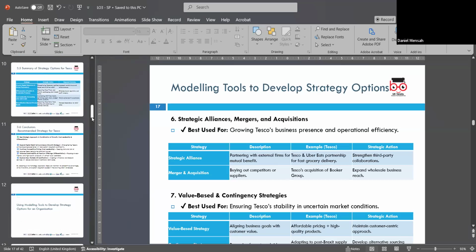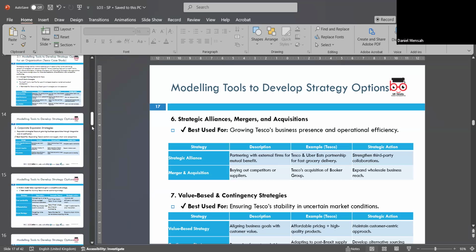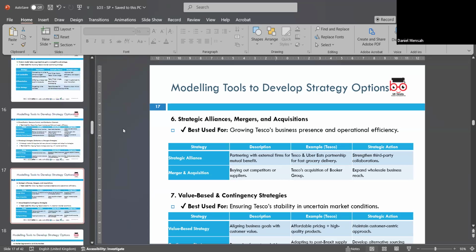When we are using these tools, it is not the case that you are just choosing options from one tool. The purpose of going through the different modeling tools is that we are going to take options from the different tools.